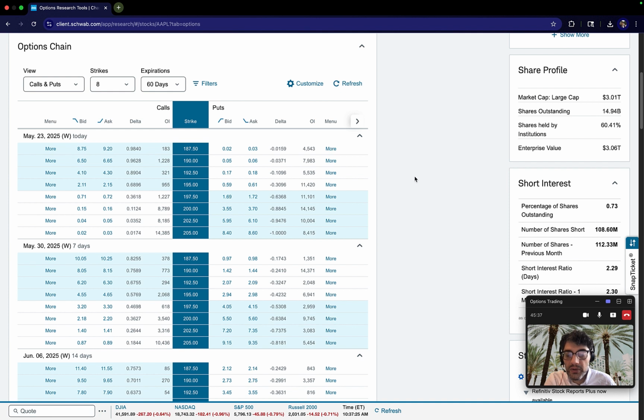If you have a delta of 30, let's say, every time the stock moves up, the option is going to move up or down 30 cents, and so on. But delta is also a pretty good indicator of the possibility of the option expiring in the money for that particular strike price.